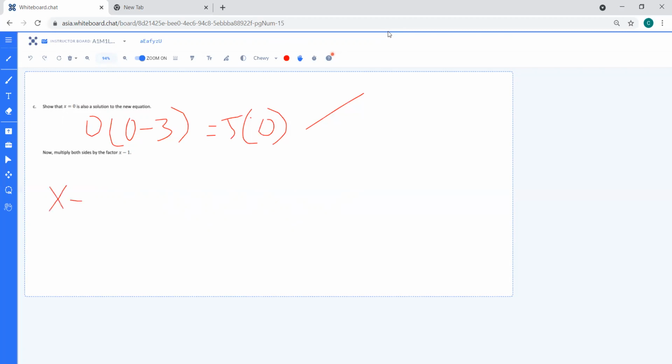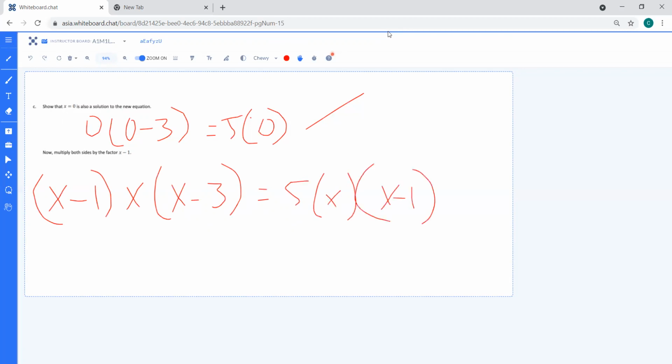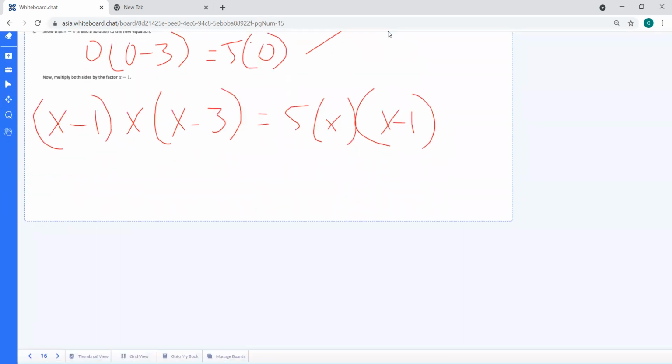Now, if we multiply each one by x minus 1, okay. Now, is this going to change anything for us? No, it's not going to. And I bet it's going to say, now prove it on the next problem.